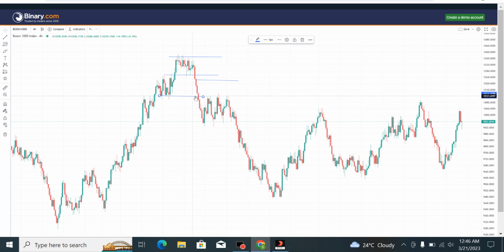And check it out, even when it broke out below this support zone, it kept on selling, which means after breaking out below this support zone, you can still come in and make another profit till it gets to this particular support zone.